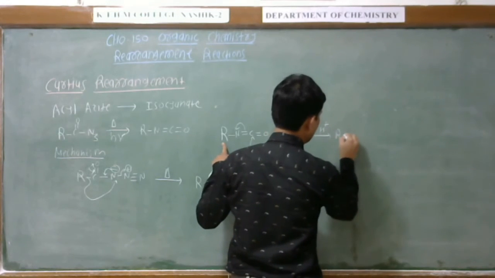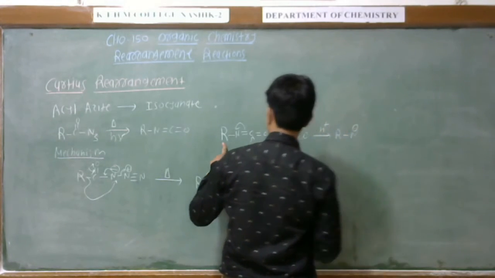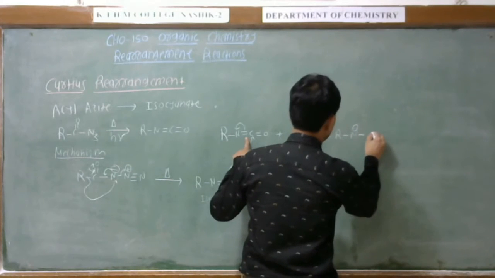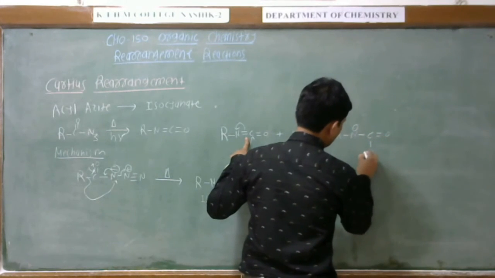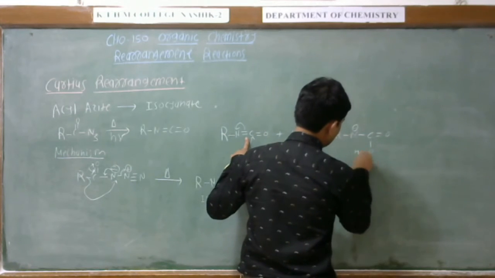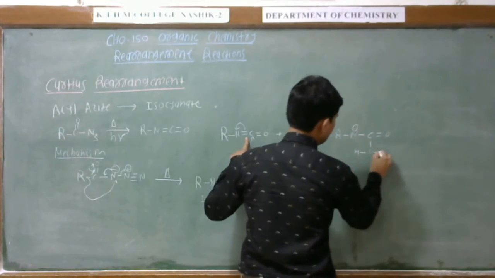So we get here R-N negative charge, and here is the carbon double bond oxygen, and here is hydrogen, and here is another hydrogen.